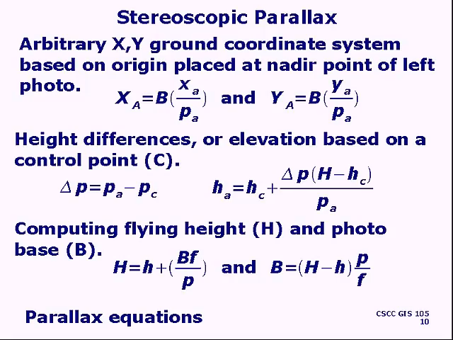To make all of these calculations, it is necessary to know both the flying height and the air base, that base distance between the cameras. If either of them are known, and most often that's going to be the height above the datum, from the altimeter, and at least one control point is visible in the overlap area, then the other number could be computed by rearranging the parallax equation.